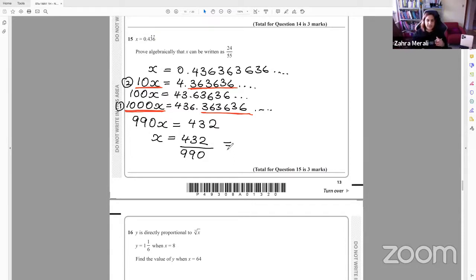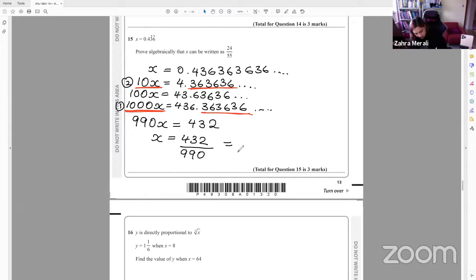You could see that 990 goes into 3. A way to check whether 432 goes into 3 is to add up the digits: 4 plus 3 plus 2 gives you 9, and because that's divisible by 3, it means that 432 can definitely be divided by 3.